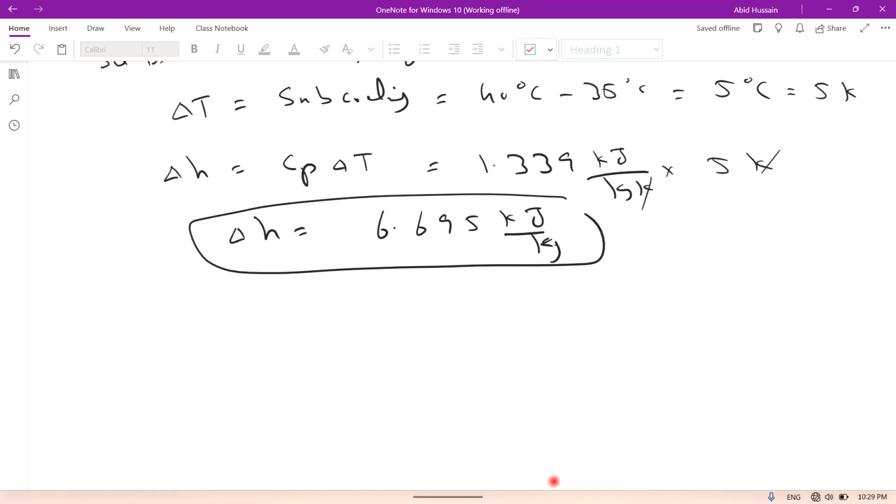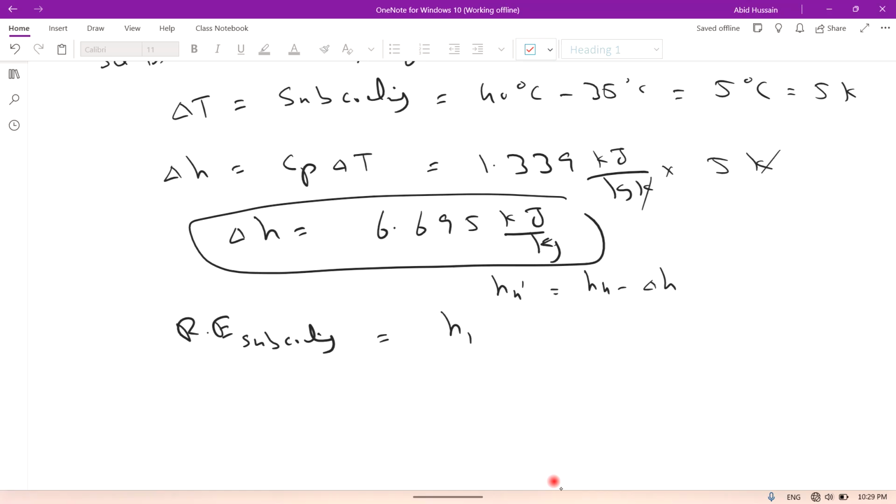Now we can find the refrigeration effect with subcooling. H1 is the same, and now we find H4 dash. H4 is already given to us, but H4 dash is equal to H4 minus del H. This is the decrease in enthalpy.